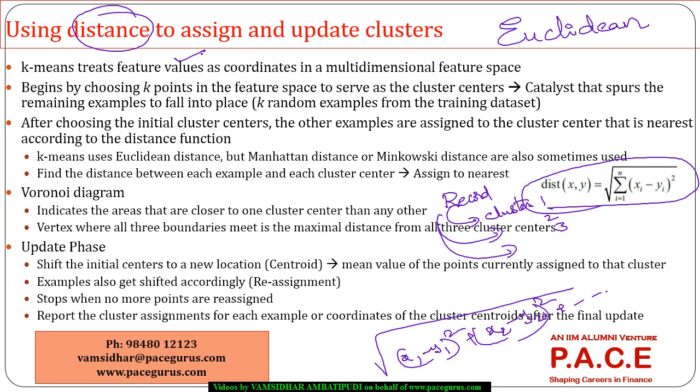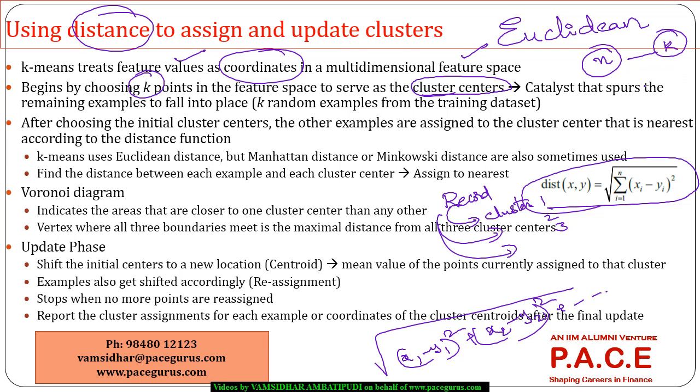So if there are 10 features that we are talking of for creating the cluster, they are the coordinates x1 to x10 in a multi-dimensional feature space. So initially, depending on how many clusters I wanted, out of those n records, examples that I have, k of them are chosen randomly, and those are typically called cluster centers.